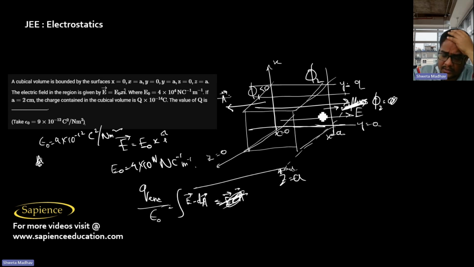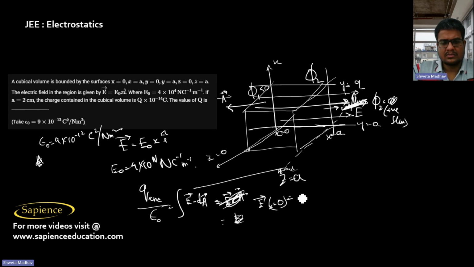The net flux we have to find at x equals a. Here it will be positive flux, and the direction of the electric field and the direction of the area vector is the same. So the electric field at x equals 0 is 0 only, since E is equal to E naught x i cap.